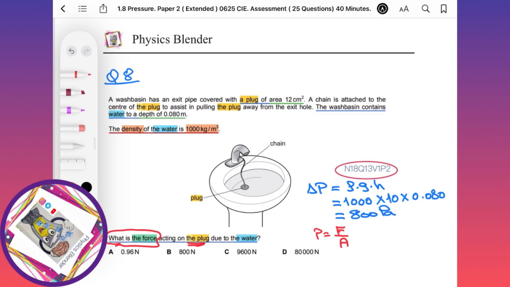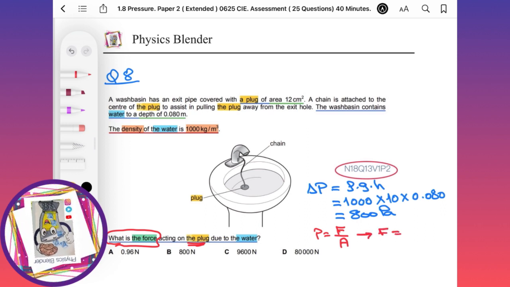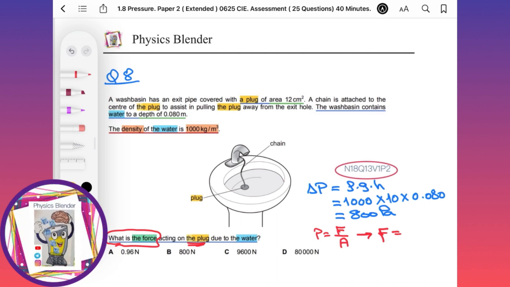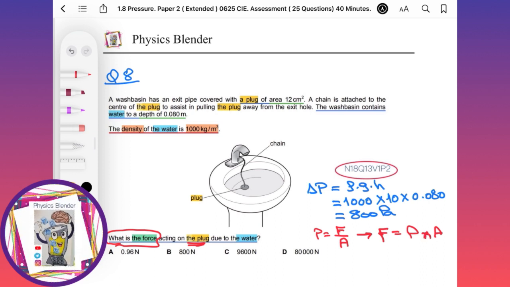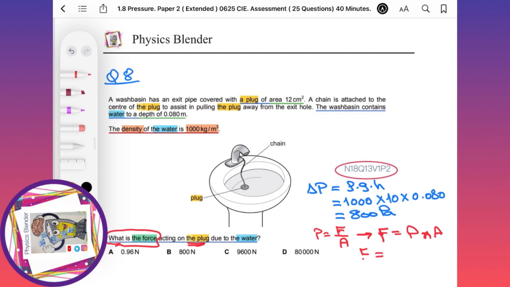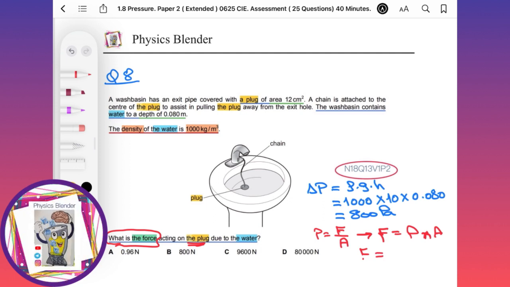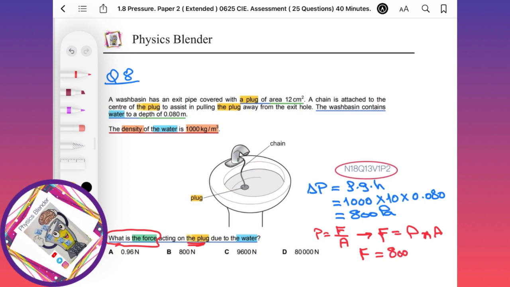So when you rearrange, force is equal to pressure times area. Pressure is 800.